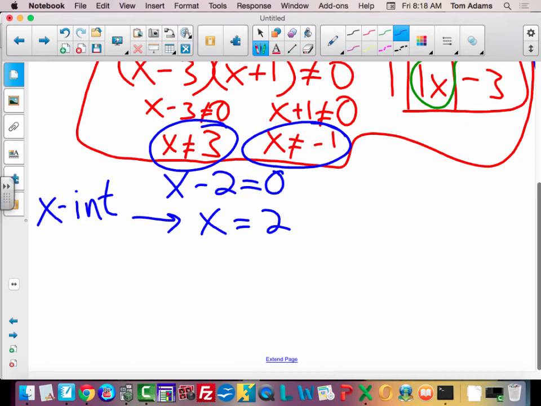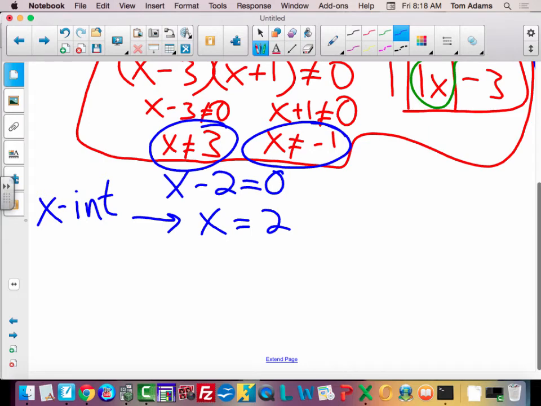If one of those vertical asymptotes was 2, in other words, x cannot equal 2, then this would not be the x-intercept, because I couldn't plug it in, since the function wouldn't be defined at that point. We'd have some discontinuity. Does that make sense? Which does happen sometimes. So we should check for 0 over 0. But in this case, it doesn't.